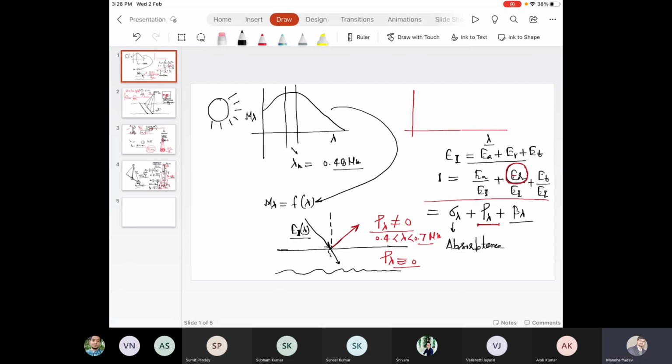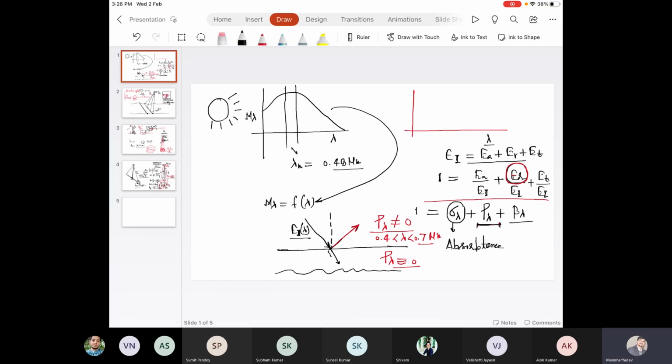This means that the reflected energy component we only get from the water between 0.4 and 0.7 micrometer, and at the rest of the wavelengths water completely absorbs. What does that mean? In that case sigma lambda plus beta lambda will be equal to 1, because by the law of conservation of energy the total is constant.